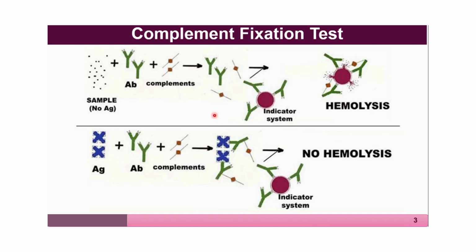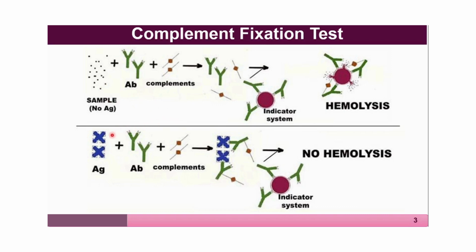So this is a test used for detection of antigen in the test sample, that is serum sample, or it could be used for the detection of antibody also. Let us presume that the test sample in which you have to detect the antibody, then you have to reverse the reaction in such a way that to bind to that antibody, you have to add the antigen, and after addition of the antigen, after mixing, you have to add the complements.